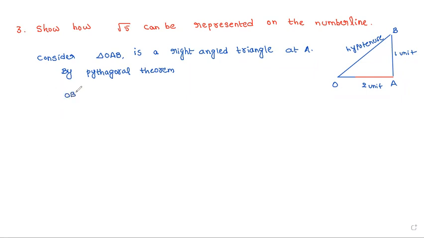OB square equals AB square plus OA square. So that is 2 square plus 1 square. AB value is 1. 1 square plus 2 square, 1 plus 4, that is 5. OB square is 5, so OB is equal to square root 5.